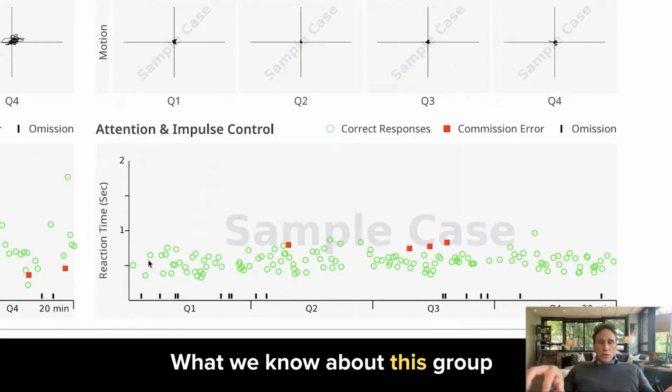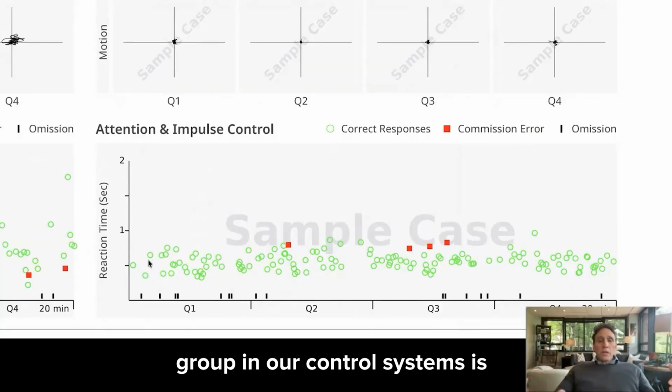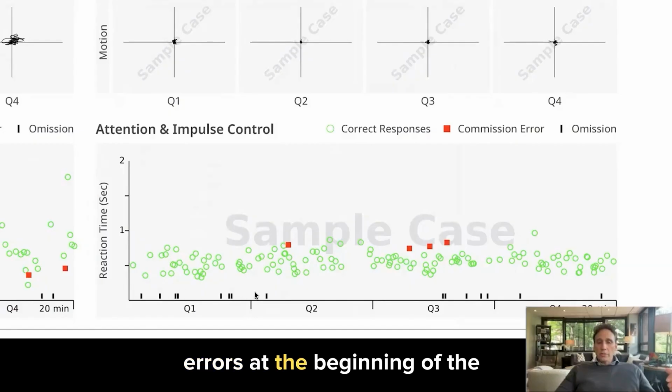What we know about this group that's unique from any other group in our control systems is that these women tend to make mistakes, particularly omission errors at the beginning of the test. And we only see that with this control group. Everybody else, they do very, very well, have very few errors.